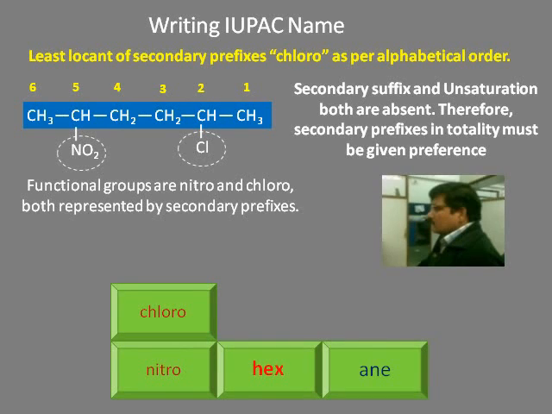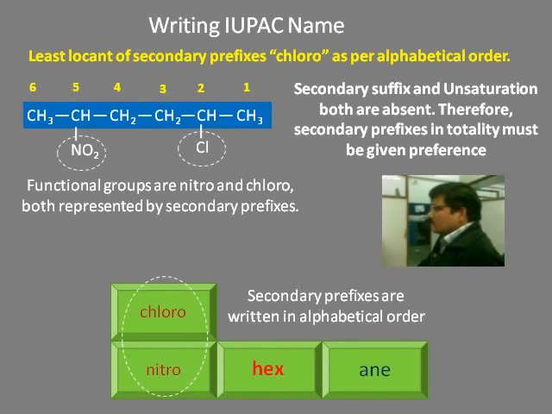The least number will be assigned to chloro because the sum of the locants will be 2 plus 5 whether we do numbering from the right side of the chain or from the left side. Chloro and nitro: here secondary prefixes are written in alphabetical order. So the name of the compound will be 2-chloro-5-nitrohexane.